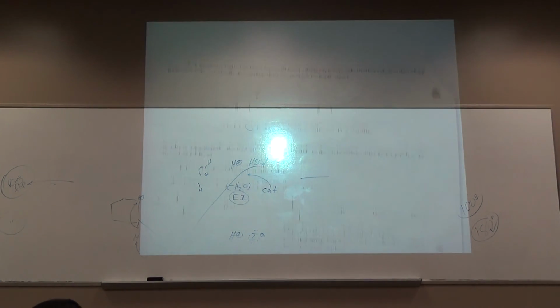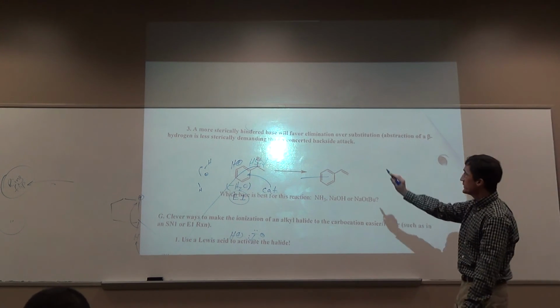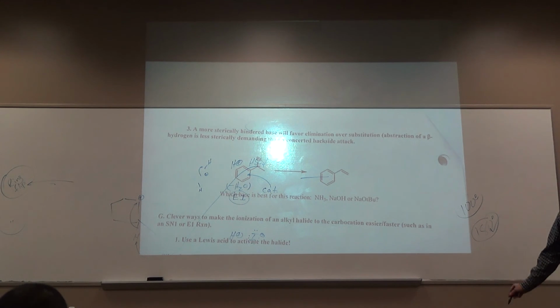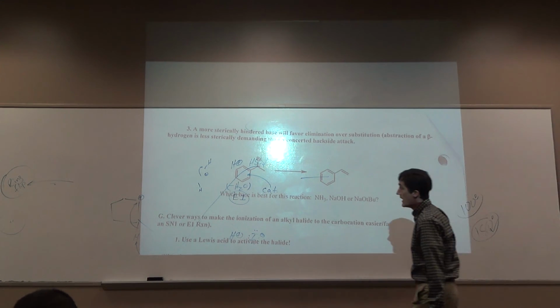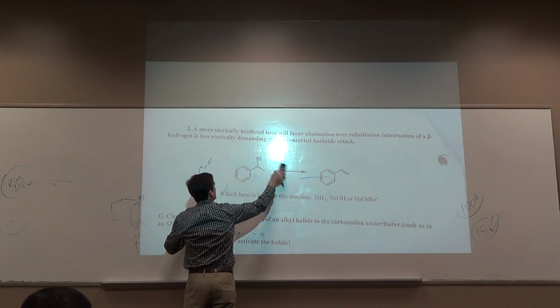Okay, we'll end here. This is something we've already really stated: a more sterically hindered base will favor elimination over substitution. But you can ask, which is the best base for this reaction?